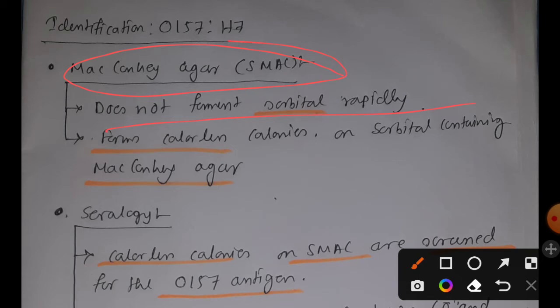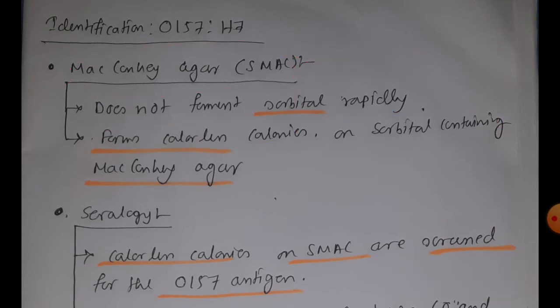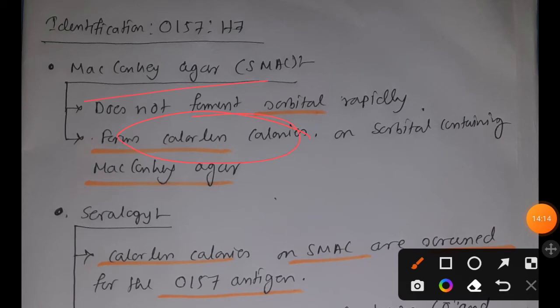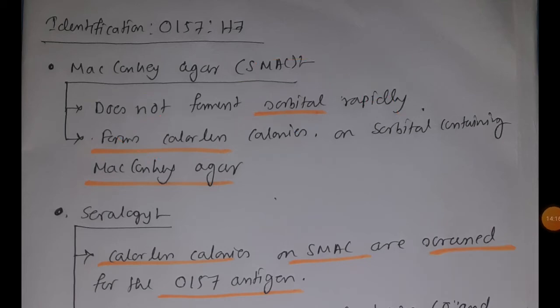Okay, and I have told you that in MacConkey agar the cells which are non-fermenters appear colorless, right? So that is why they will appear as colorless colonies in the sorbitol-containing MacConkey agar. So remember very carefully that in diagnosis of E. coli O157:H7 we are using sorbitol-containing MacConkey agar, not normal MacConkey agar.